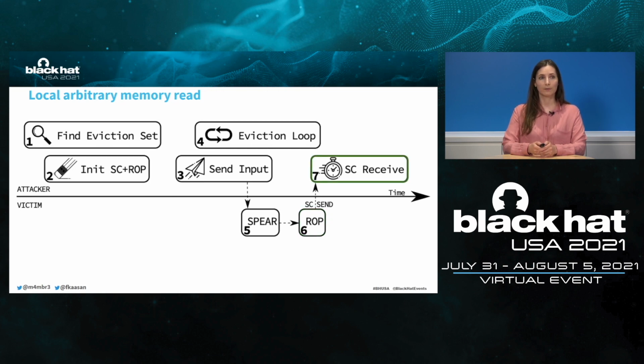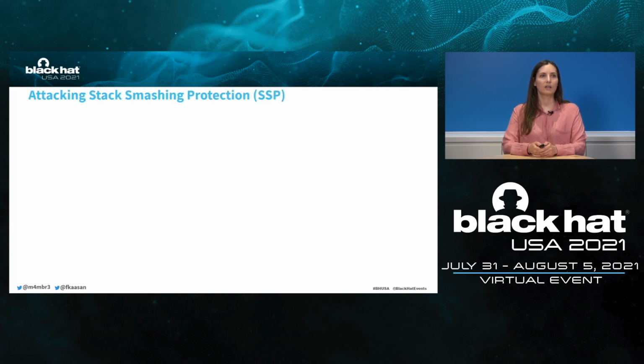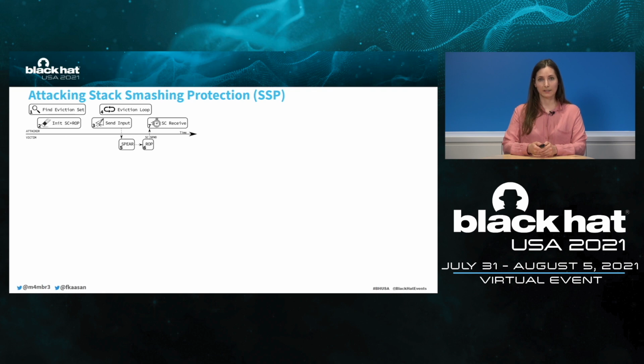The success rate of the attack is increased by concurrently executing an eviction loop to lengthen the speculation window with previously computed eviction sets for the stack canary. The Spear attack vector present in an SSP hardened program will provide us with the necessary speculative execution primitive for arbitrary victim memory read. We'll first discuss the vulnerability and the necessary attack building blocks.